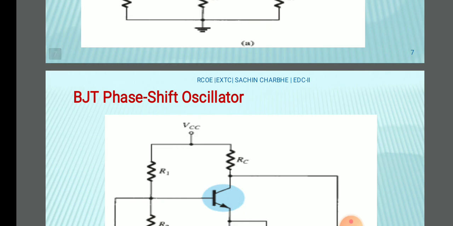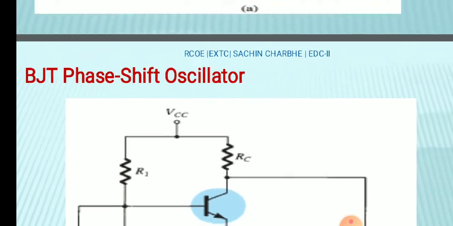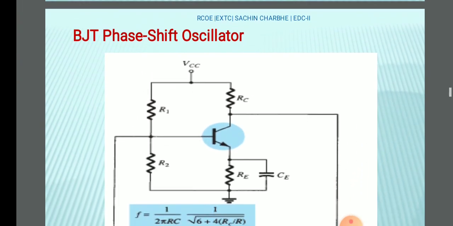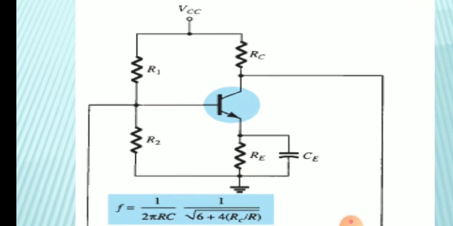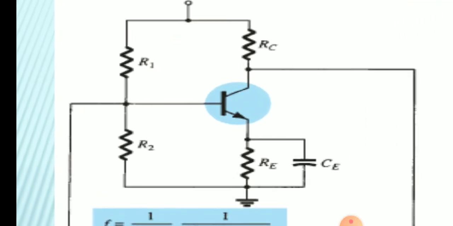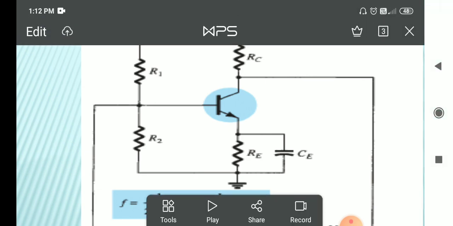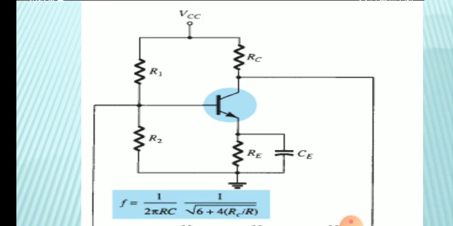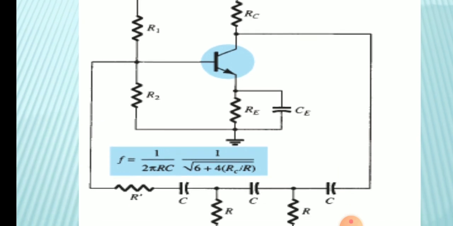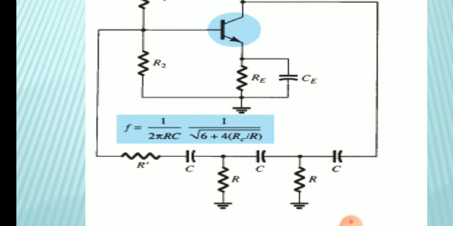Then the next diagram is the BJT phase shift oscillator. In the BJT phase shift oscillator, there is a common emitter amplifier with voltage divider. R1 and R2 form the voltage divider circuit, then RC, VCC, RE and C, where C bypasses the emitter resistor RE.